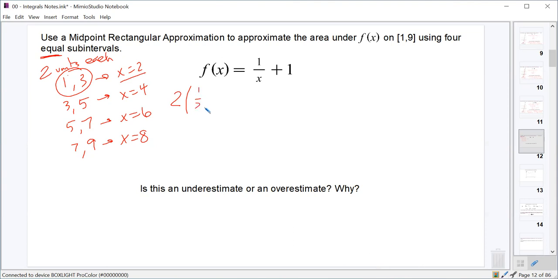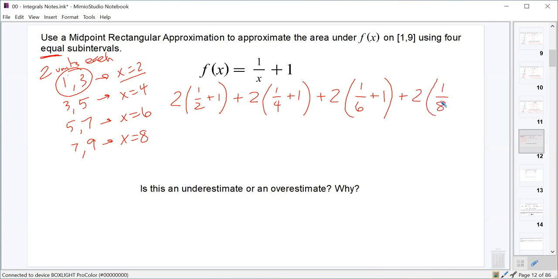Well, that's 1 over 2 plus 1. And then the next rectangle will also have a width of 2, but it will be evaluated when x is 4, which will be 1/4 plus 1. The next one also has a width of 2, and then we'll evaluate the function at 6, 1/6 plus 1. And then the last one has a width of 2, and we'll evaluate the function at 8, 1/8 plus 1.